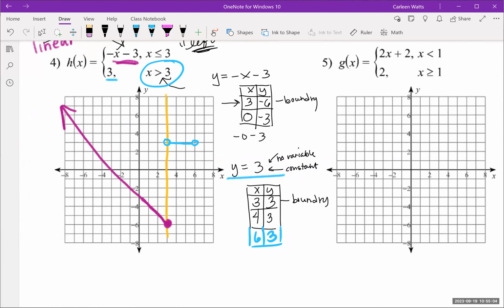No equal to. Now, this says to the right of x equals 3. So this one is an arrow. Okay, get rid of this piecewise function.